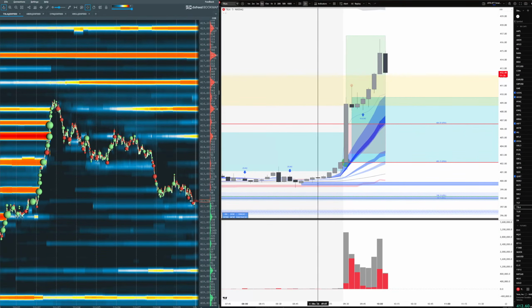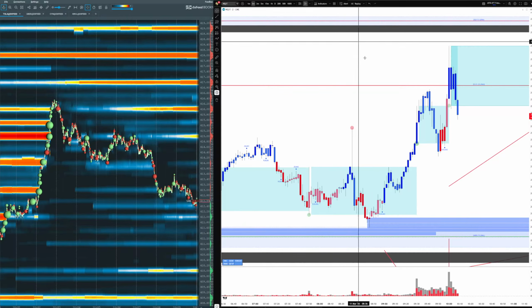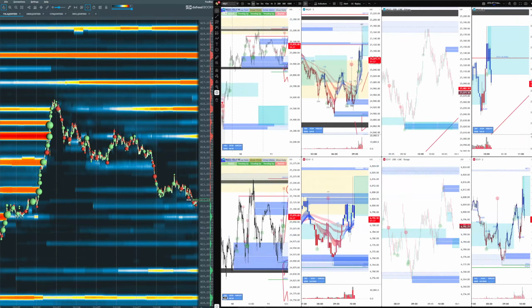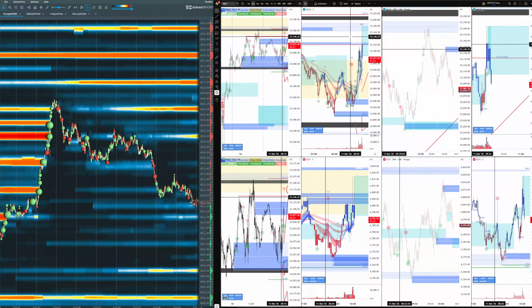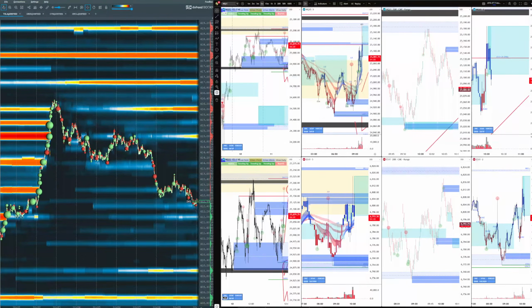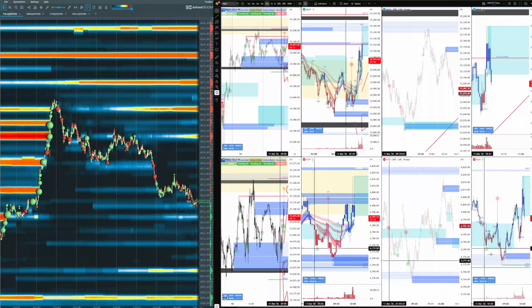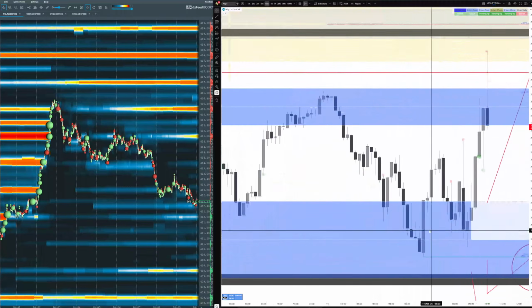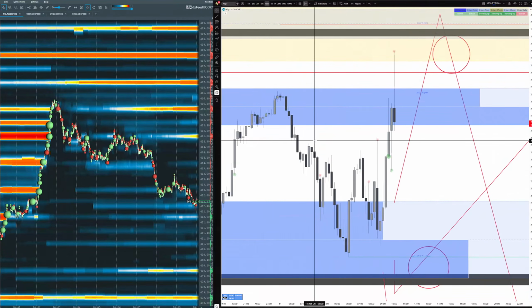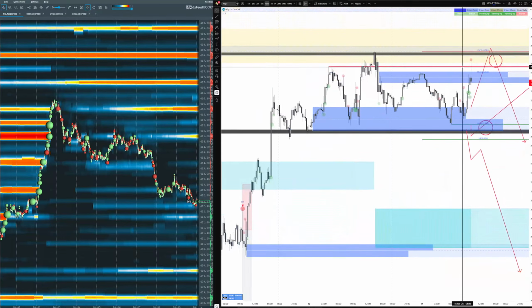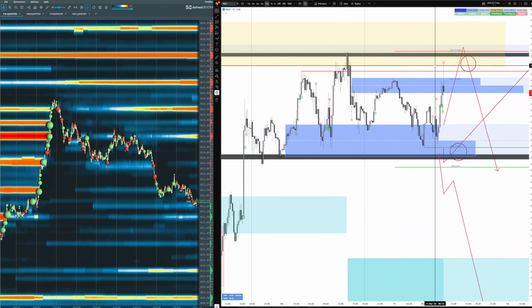NQ, guys, short play. So we have a short on NQ coming over here. Gonna explain the reason why. Okay, so liquidity over here. This is the major level that we're watching.